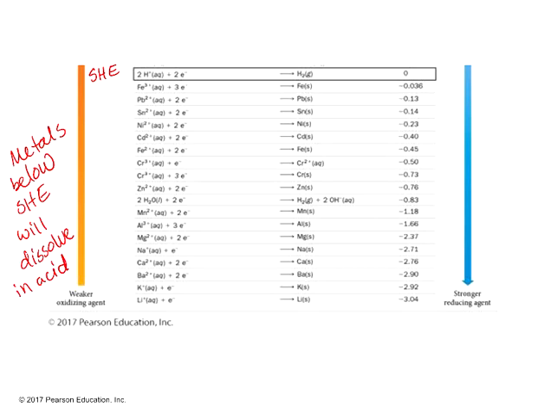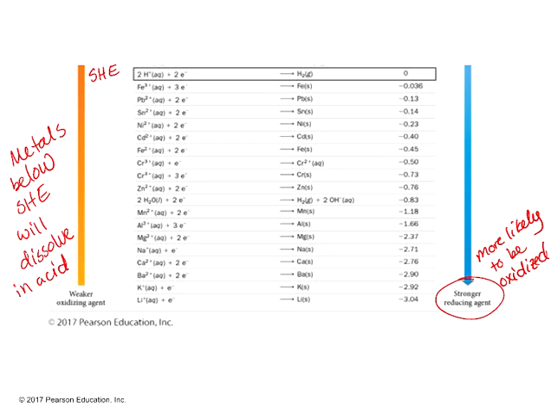Again, that's because the ions listed below the standard hydrogen electrode are stronger reducing agents, so they're more likely to be oxidized. And that's exactly what we want if we're trying to dissolve a metal in acid.